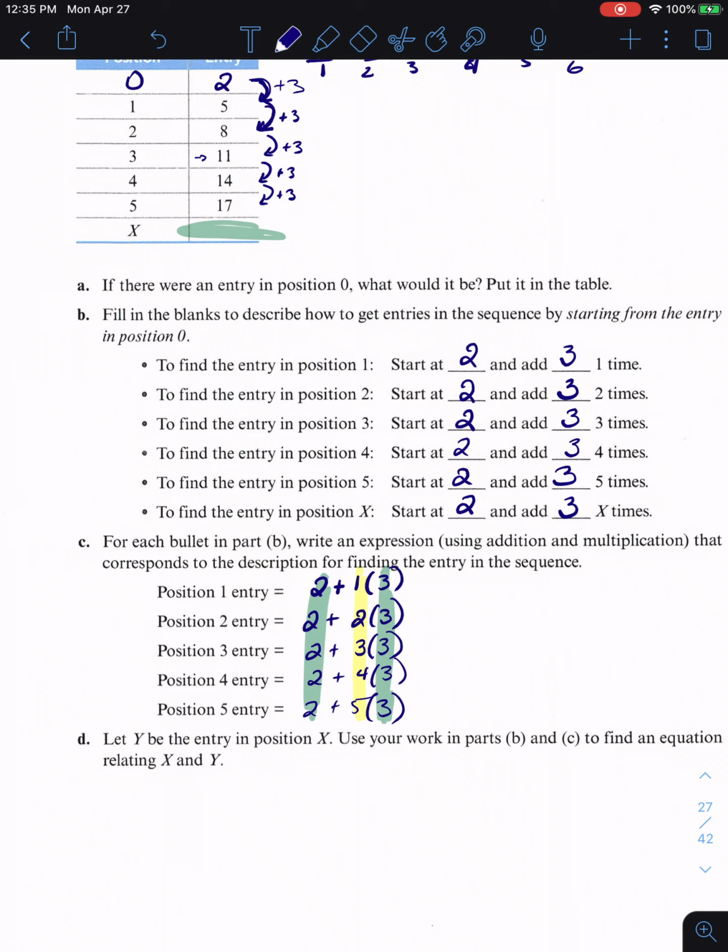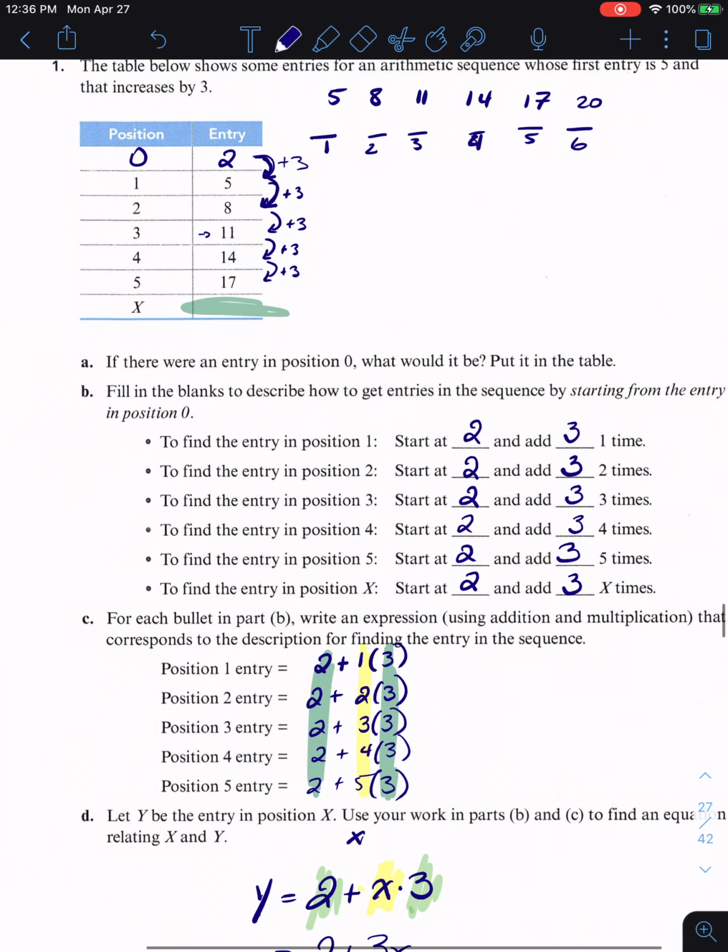So if we have x and y, if x is our position, then our y would be 2 plus x times 3. Our x is our position, and these are our parameters. And we can rewrite that as 2 plus 3x.